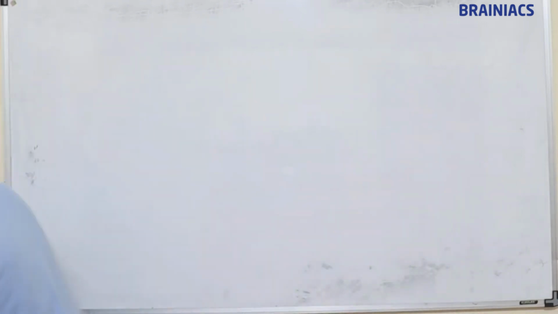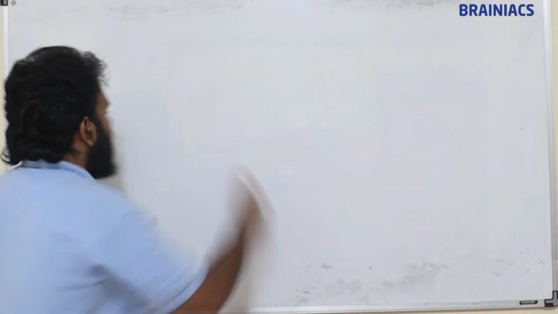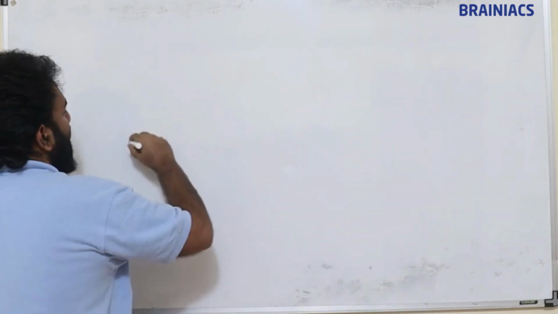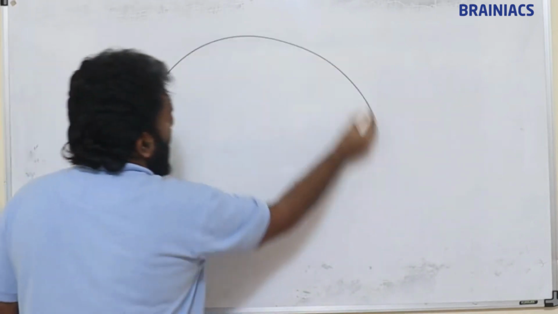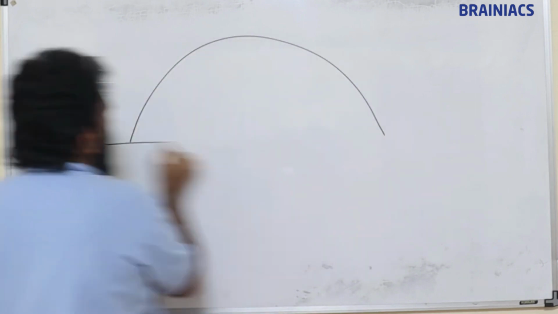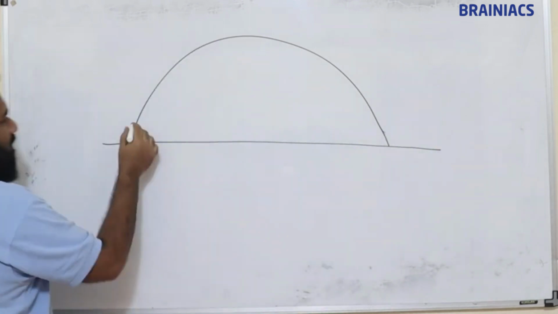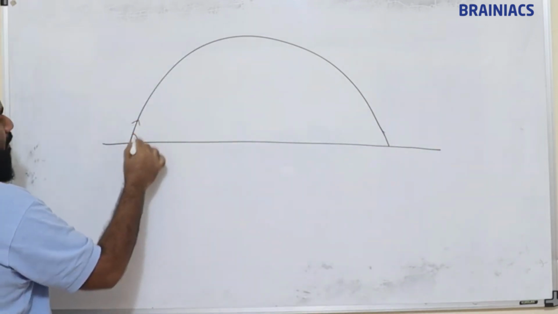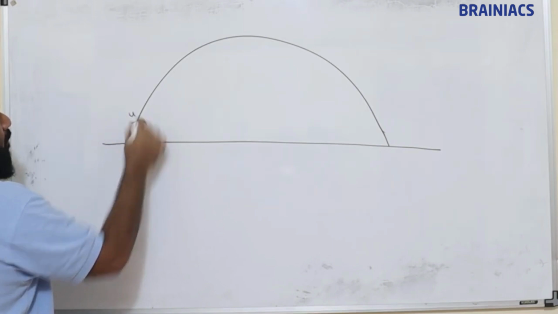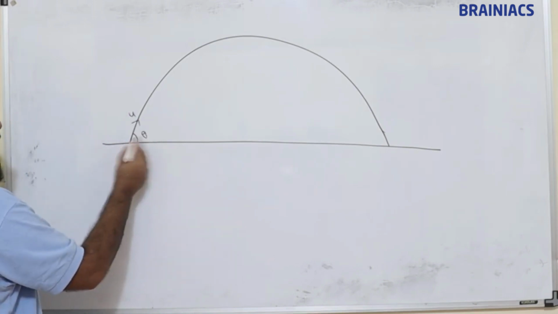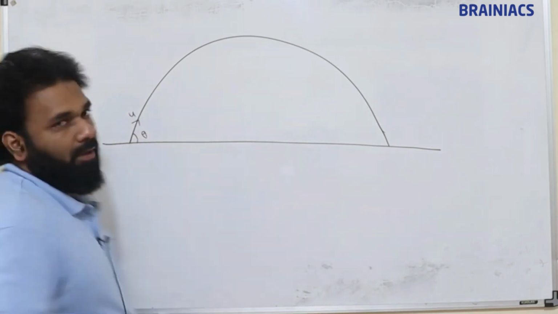Suppose a body is undergoing projectile motion, projected with the velocity u, making an angle theta with the horizontal.